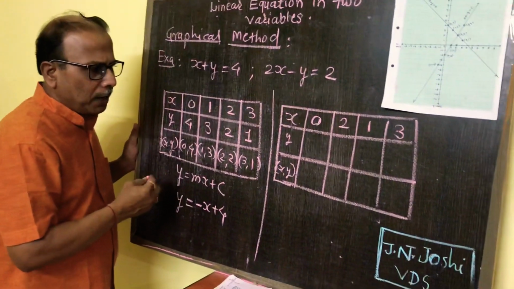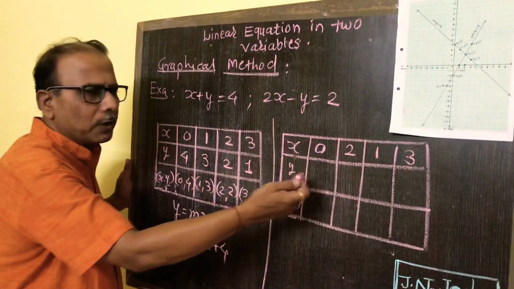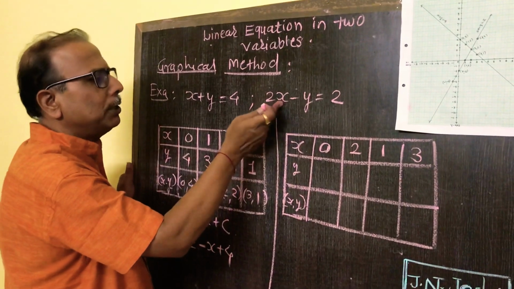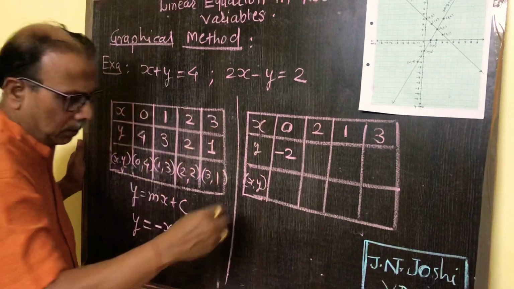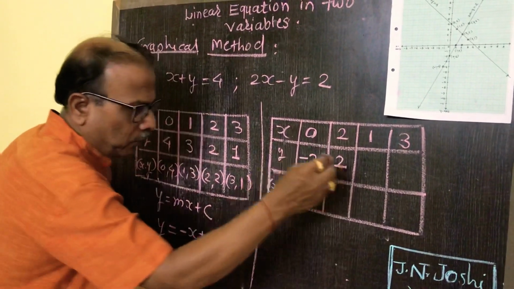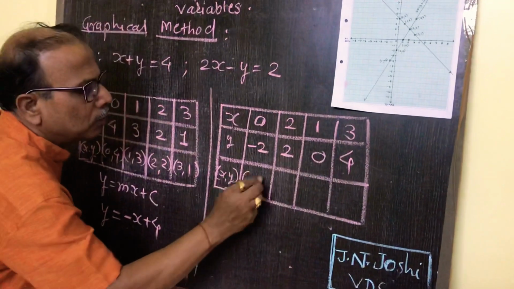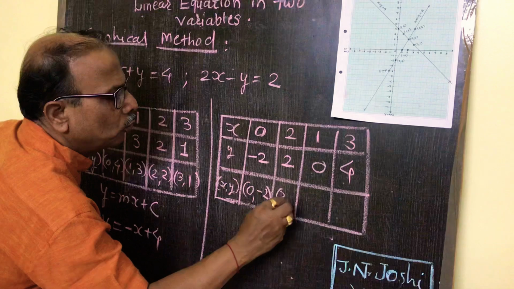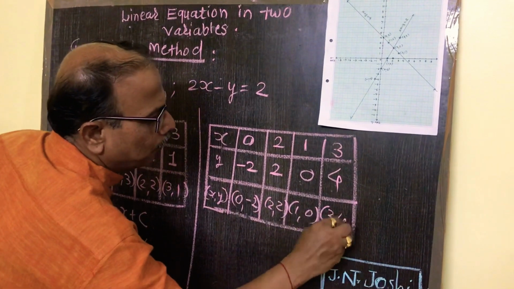By this method we can find the values of y, taking the value of x is equal to 0 in this equation. We will get the values of y: (0, minus 2), (2, 2), (1, 0) and (3, 4).